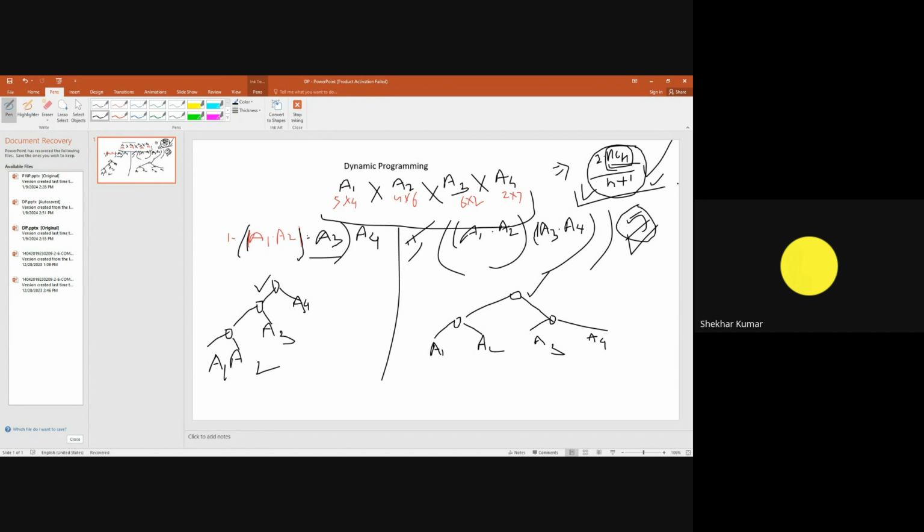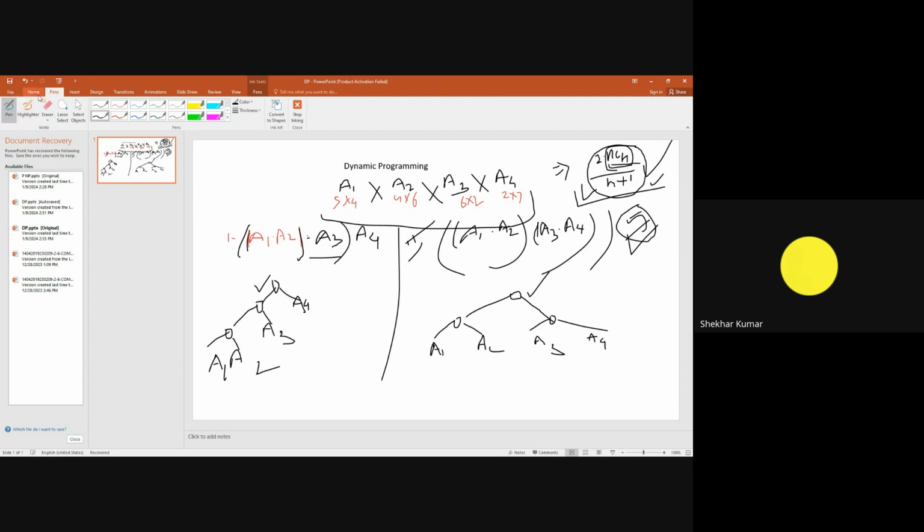Matrix chain multiplication is one of the important dynamic programming examples in which you have to find out which pair to select so that the cost is minimum, to find the optimal solution. So there are 5 ways. What pair should I select? That is the objective of this matrix multiplication. Now we will find out the solution.